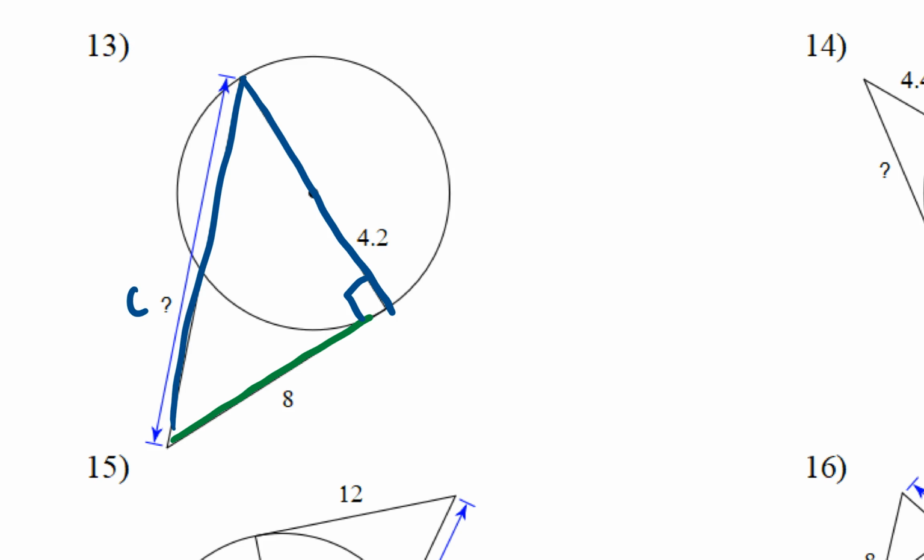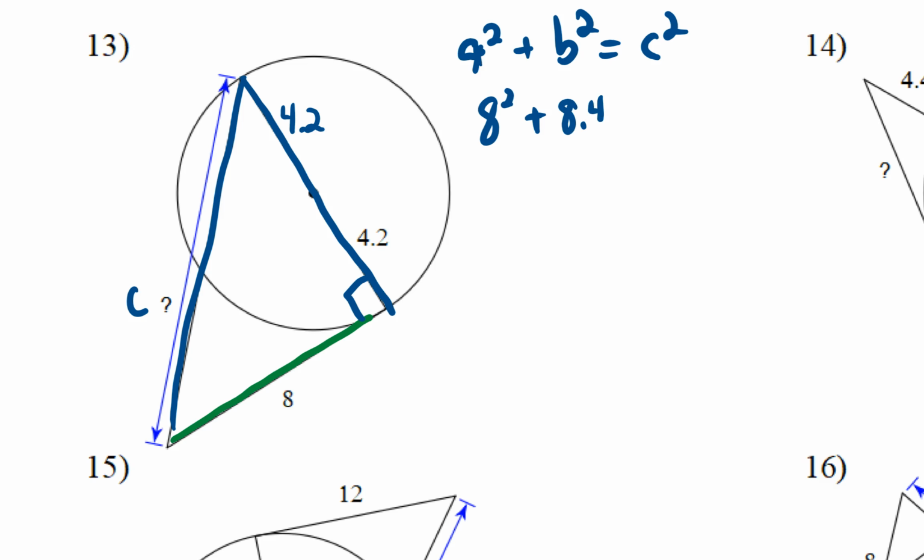So we're going to use the Pythagorean theorem, which says a squared plus b squared is equal to c squared. All we have to do is substitute in our values. Let's call 8 our a value. Our b value, this 4.2, is just the radius. So to get that whole length, we need to double that and make it 8.4 squared.